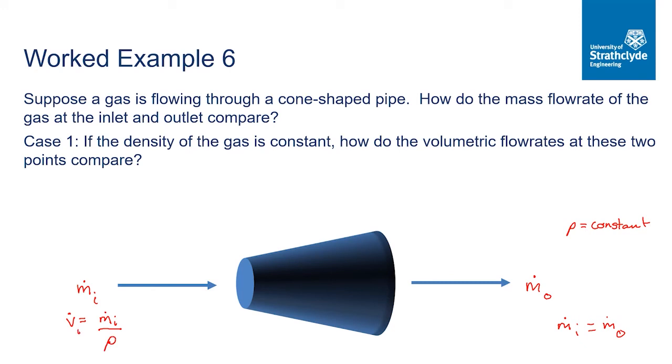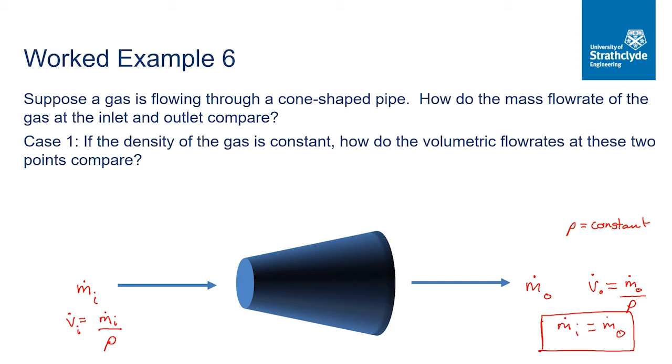Well, this would be our volumetric flow rate going in, and our volumetric flow rate coming out would be equal to our mass flow rate out divided by density. And what we can see is, because the mass flow rate in is equal to the mass flow rate out, even the volumetric flow rates will be the same.